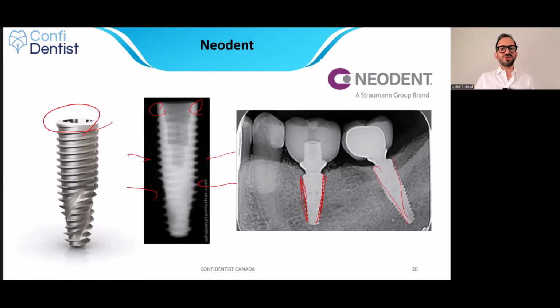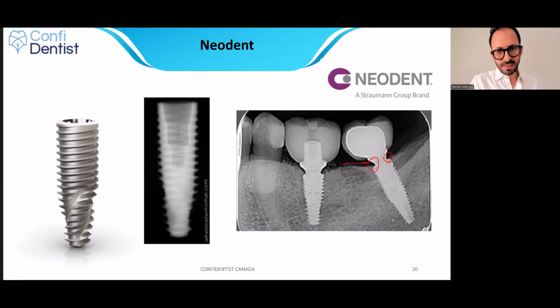Okay, especially it's more obvious in wider diameters. Okay, and they do have a very significant platform switching as well. So this is a step when you compare it to other brands. This step is very pronounced and clear in Neodent implant.